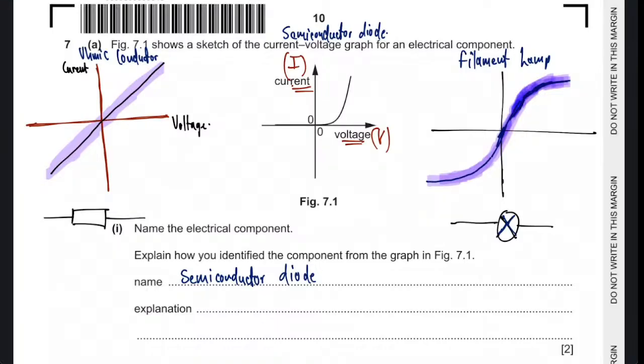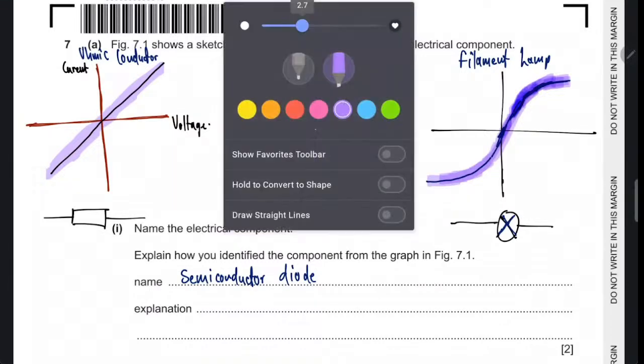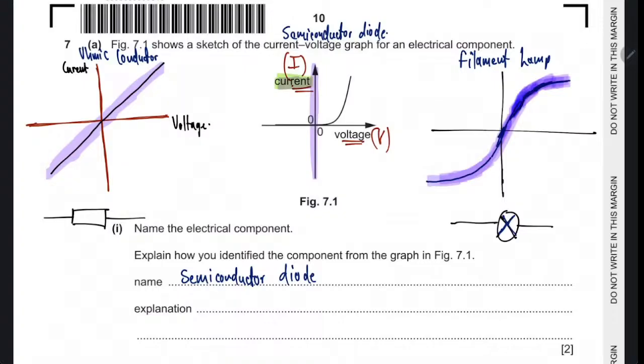For your semiconductor diode, the easiest way for you to see that it's a diode is that there is no negative current. You see, current is the y-axis. So if I want to know values for current, I'm looking at the y-axis because they labeled it current.